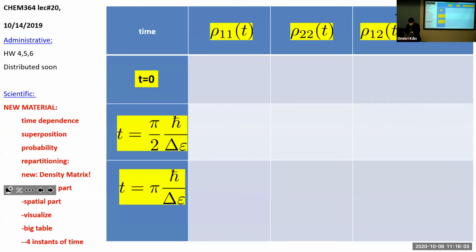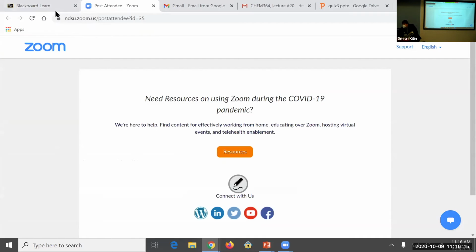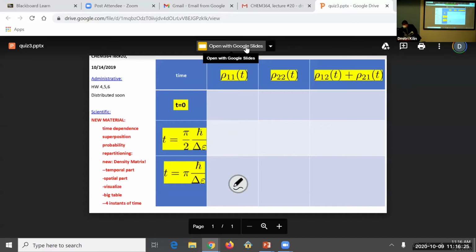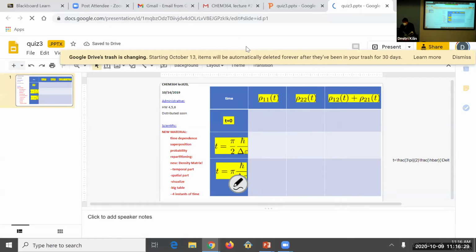So let me invite everyone to go online and start filling this table.